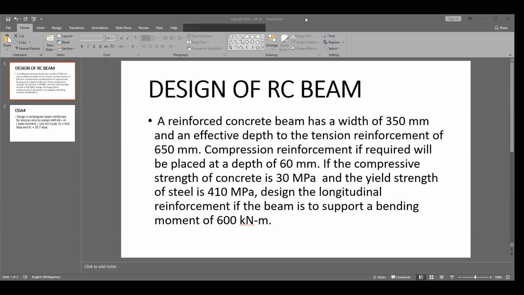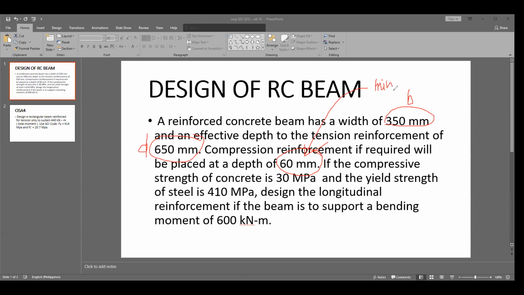So you have to take note of this. This is the width, b. This is the effective depth. And then the compression reinforcement, if required, is placed at this distance, so this is the minimum concrete cover.